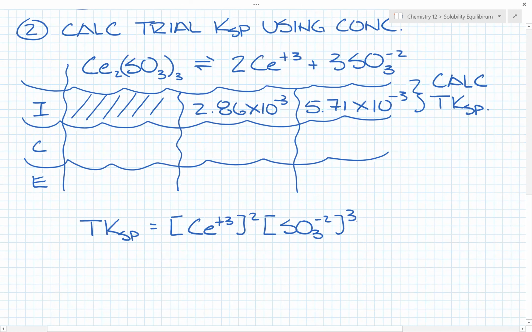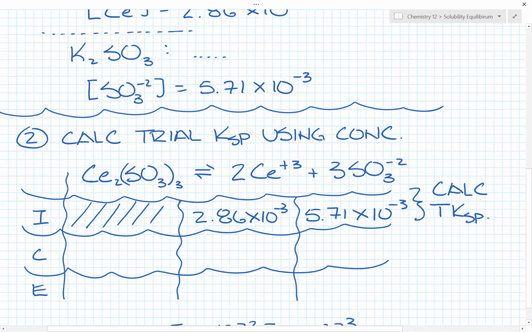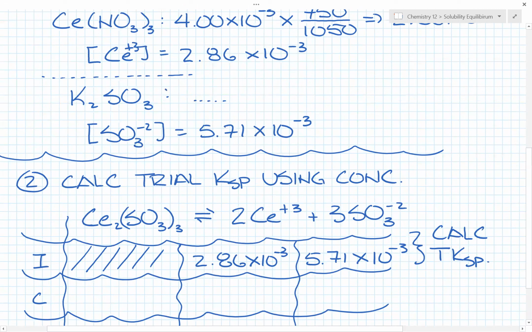Now, some of you might say, well, Mr. Chan, do I need to double the concentration of cerium because there's a 2 in the coefficient, or triple the sulfate concentration? No, remember, the only time you use the coefficient 2 or 3 is when you are focusing on the change in concentration.